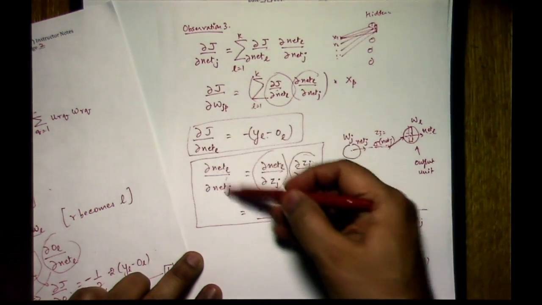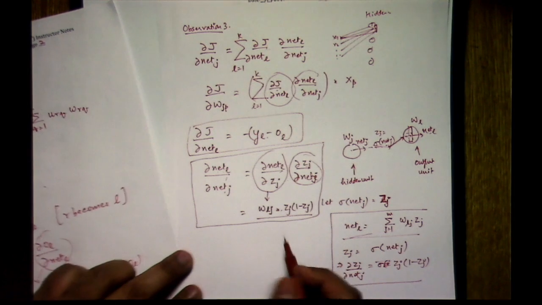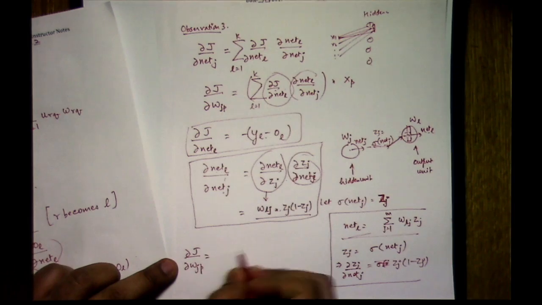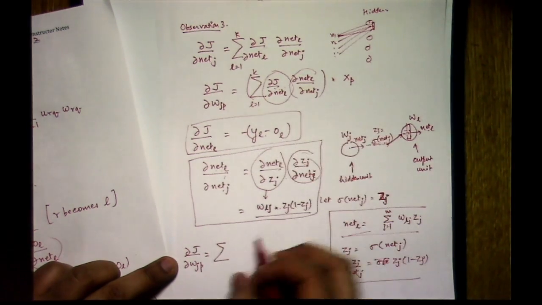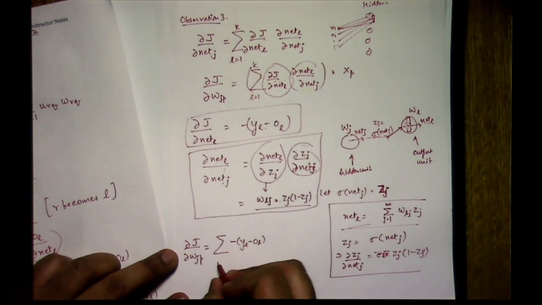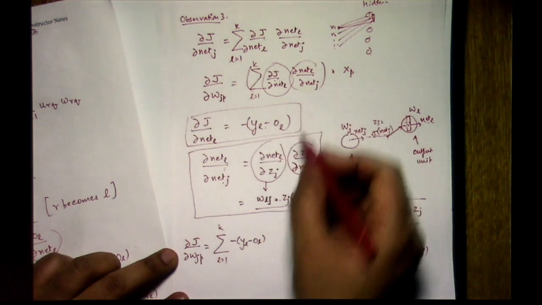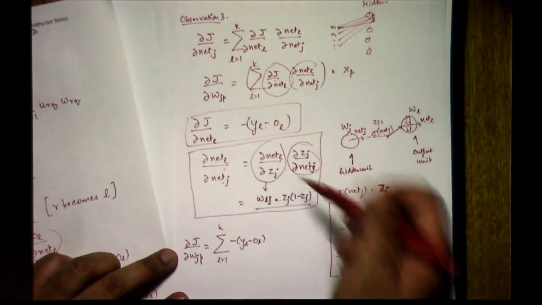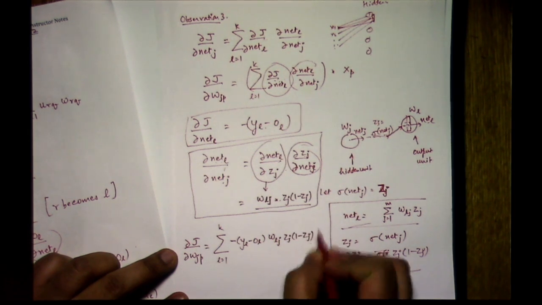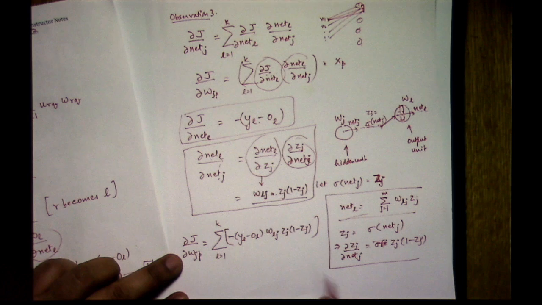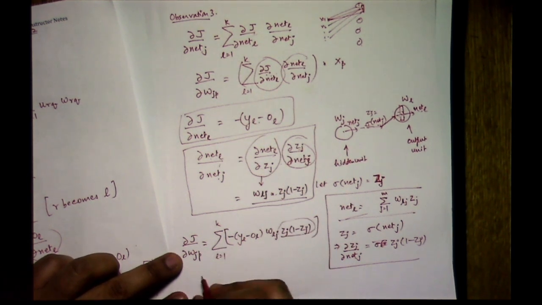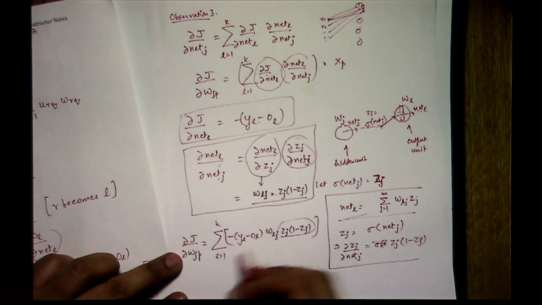Now we can plug all of them here. This is the summation, this gets replaced by this, minus (yl minus ol) times, with L equal to 1 through K, W_Lj zj(1 minus zj), the whole thing. Of course you can always pull this out because it does not depend on L at all, so you can rearrange it.